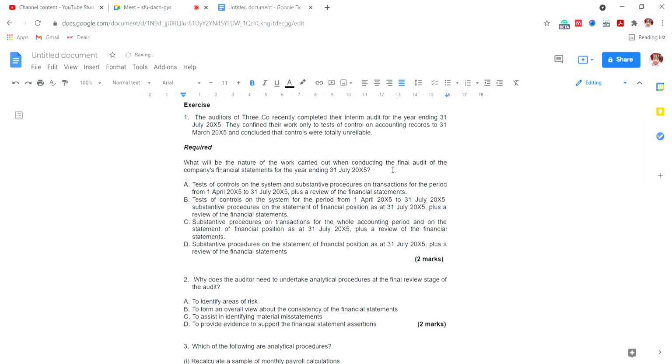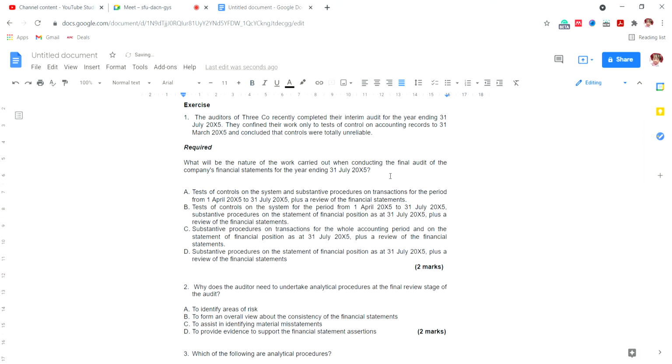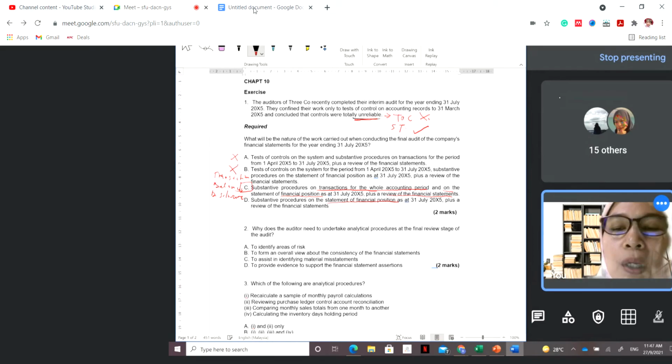So actually when you perform the substantive procedure, you have to perform detail of test. So detail of test tu dia include the transaction, balances and the disclosure. Disclosure ni review tu lah. And review of financial statement.